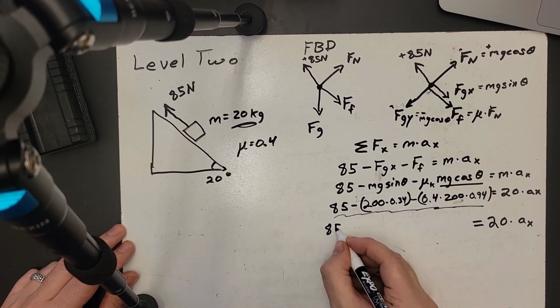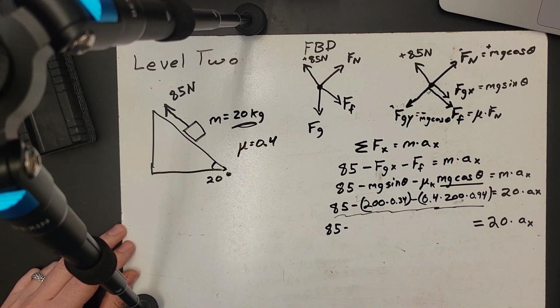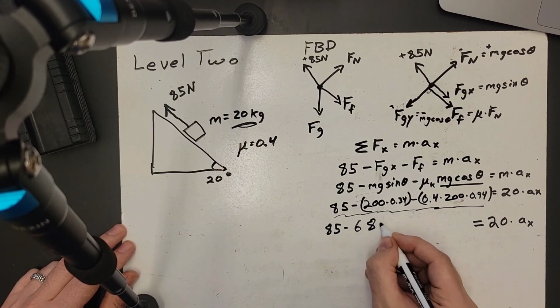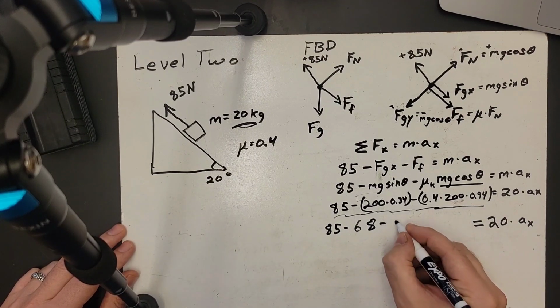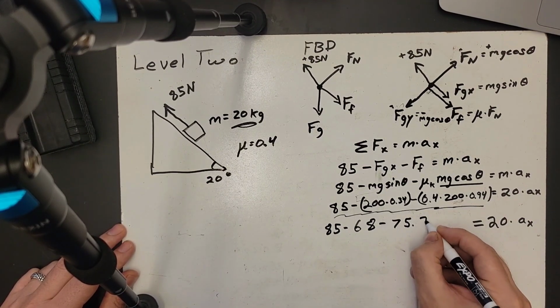All right, so 85 minus, okay, well, let's figure out what 200 times 0.34 is. 68 minus, all right, 0.4 times 200 times 0.94, 75.2.